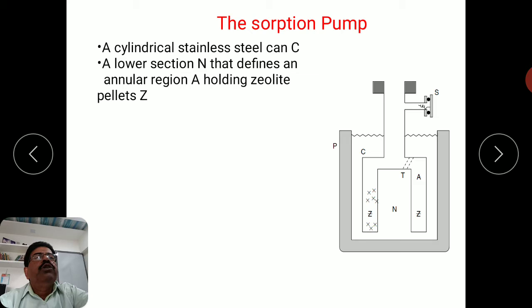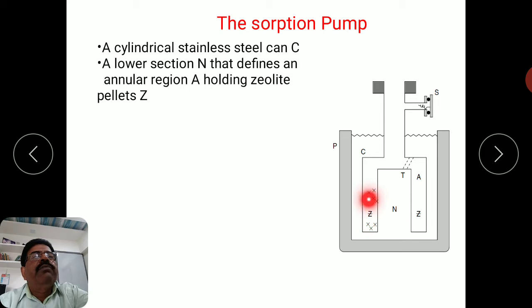You can see here this cylindrical stainless steel can C. And we have a lower section N that defines an annular region A. This annular region A holds the zeolite plates, which are represented by Z. To represent them physically, I have used some cross marks here.